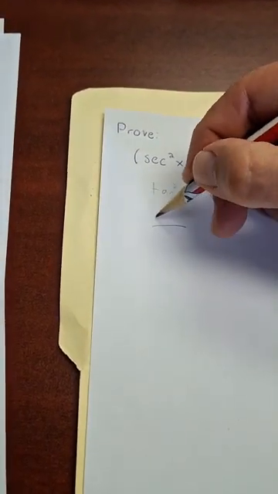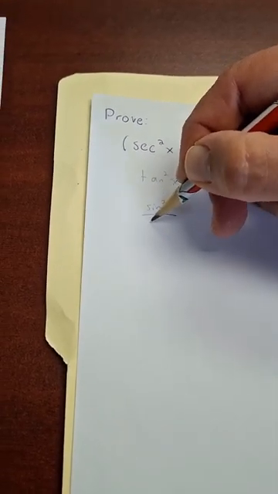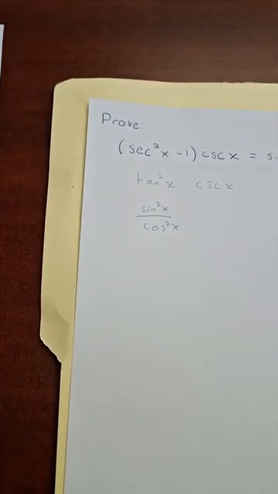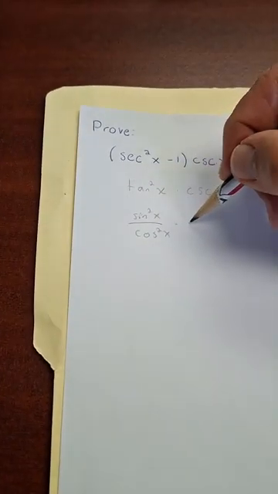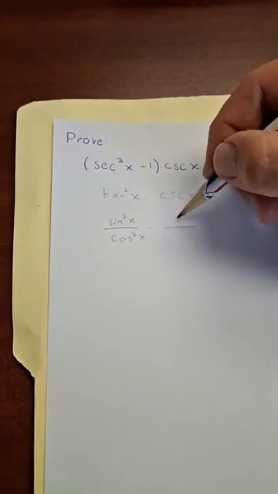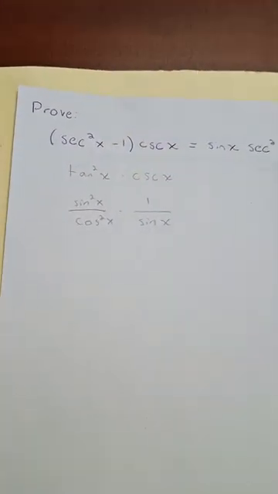Tangent is equal to sine over cosine, therefore tangent squared is sine squared of x over cosine squared of x. And the cosecant, remember, sine, cosine, tangent, cotangent, secant, cosecant: cosecant is 1 over sine of x.